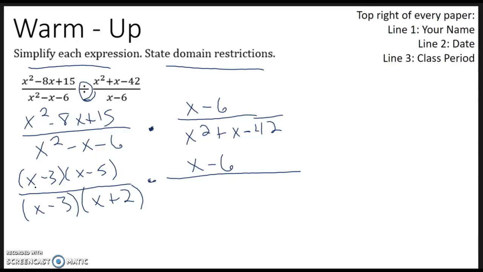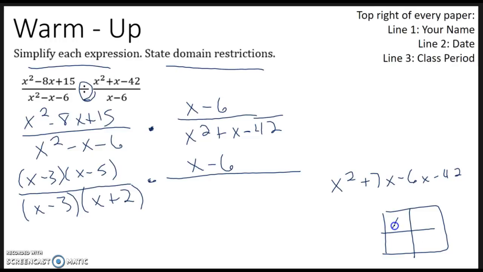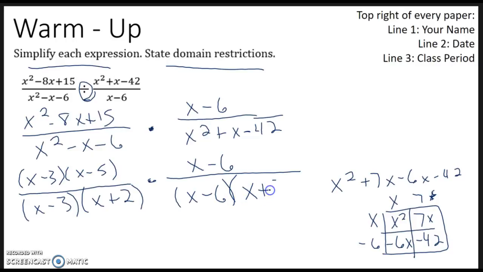My 7 is going to be positive, so if I was going to do pants, I got x squared plus 7x minus 6x minus 42. I was going to box it real quick. I got an x and I got a 7. Sorry, I got x, I got a negative 6. So I got an x minus 6 and an x plus 7.